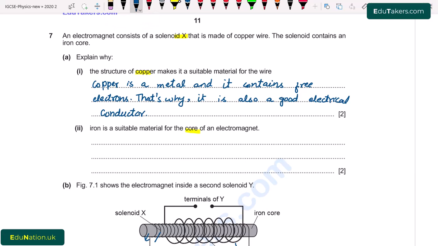Because of these properties, it can be used as a temporary magnetic material. So I write here, iron is a magnetic material. It is a temporary magnetic material.